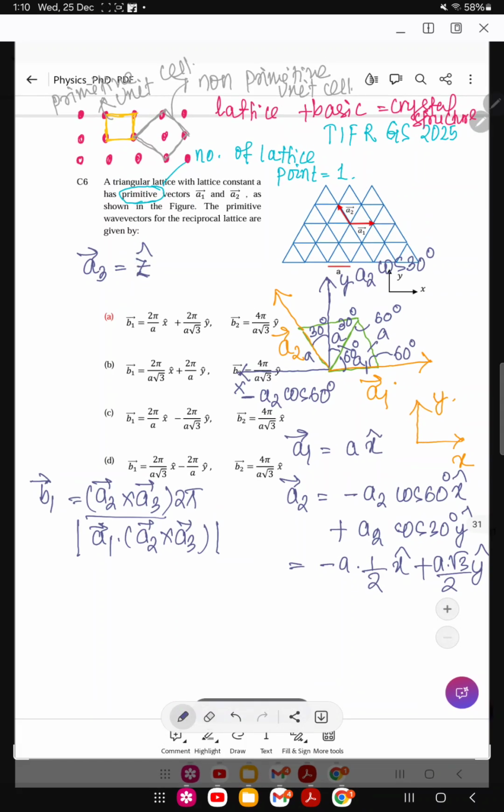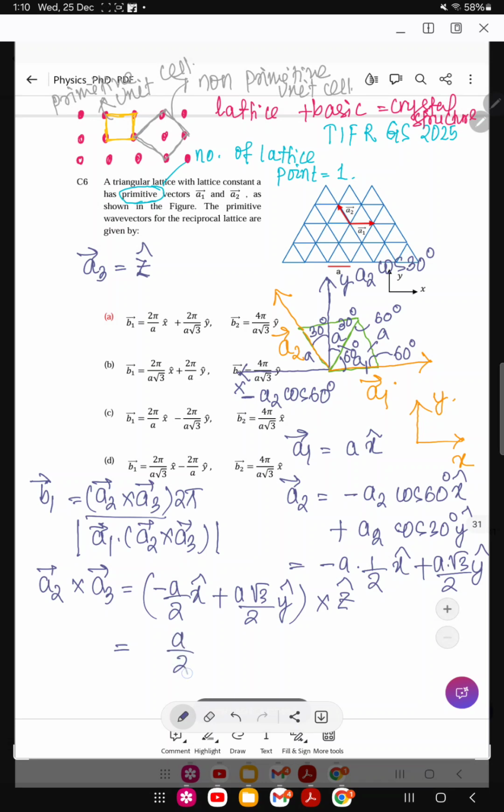So first find a2 cross a3. a2 is minus a by 2 x cap plus a root 3 by 2 y cap, cross z cap. x cross z gives minus y cap, so this is a by 2 y cap, the minus signs cancel, and y cross z gives x cap, so a root 3 by 2 x cap.